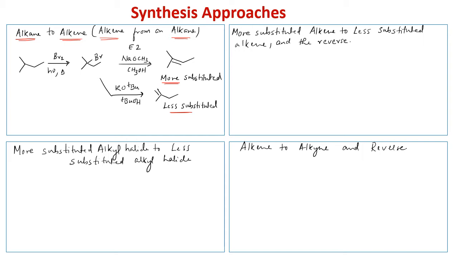Okay, so let's try it out. Let's say we have an alkane, and I want to convert this alkane into an alkene here. What I notice is that compared to that alkene, this alkene seems like the less substituted alkene.